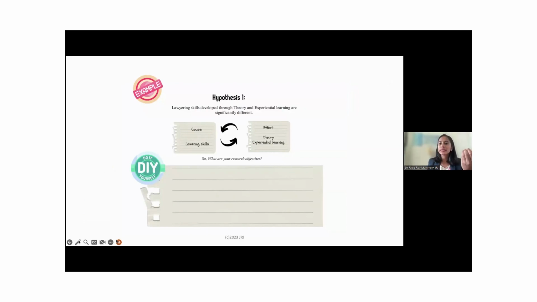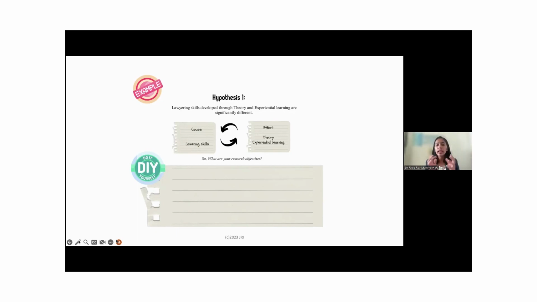The cause is your independent variable, the effect is your dependent variable. How are they connected? You're trying to test a relationship. In a hypothesis, you use words like significant impact, leaves an impact, positive effect, negative effect. These are terminologies used as connecting words in the hypothesis.